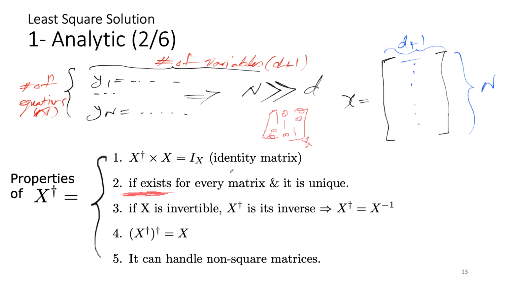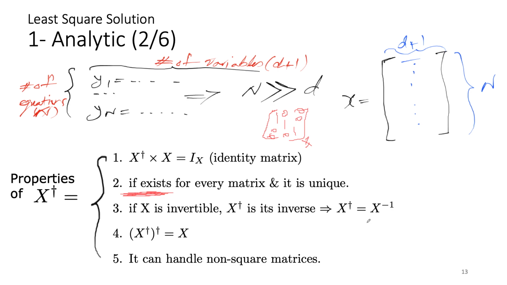So the reason X dagger has superiority over X inverse, or X minus 1, is that it exists for every matrix. On the other hand, the inverse of a matrix only exists for those that can be inverted. The property here is that if X was invertible, X dagger will be the same as your X inverse.